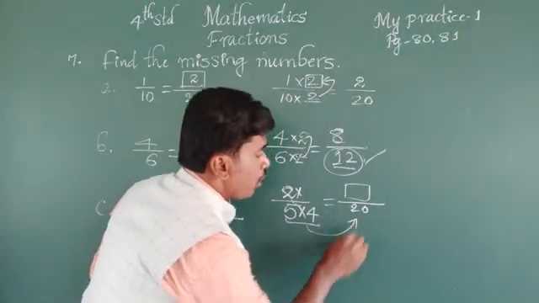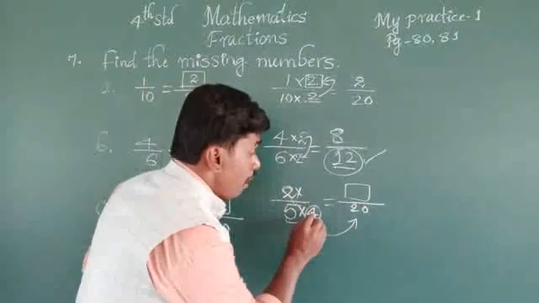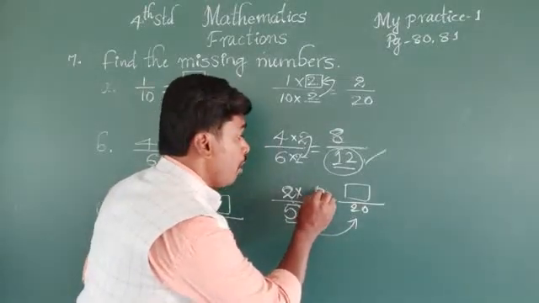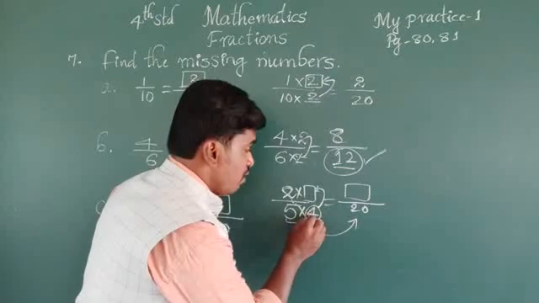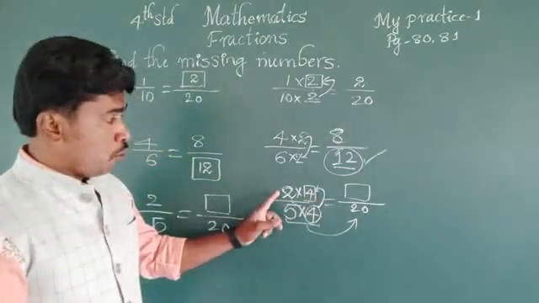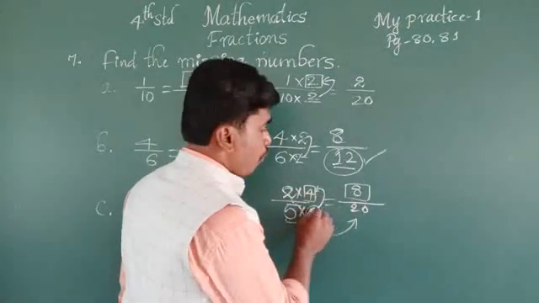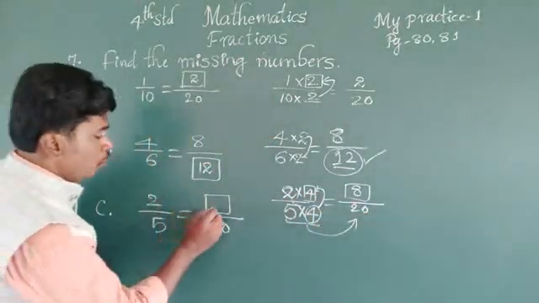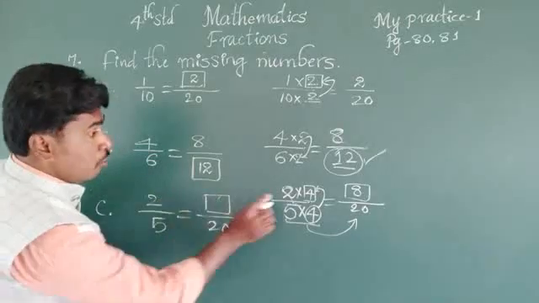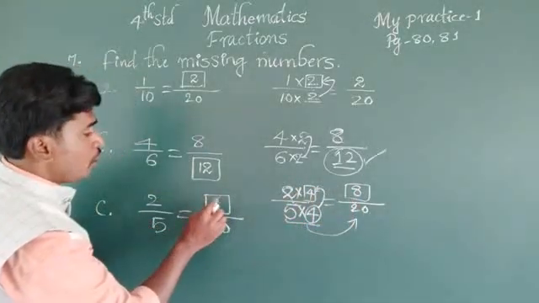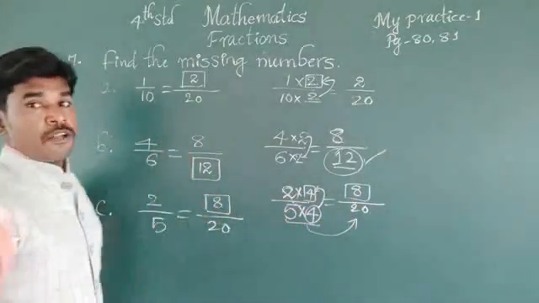What number have you multiplied here? With the same number you multiply here also. It is 4 multiplied to 2 also. 2 fours are 8, 5 fours are 20. So here you should write 8.